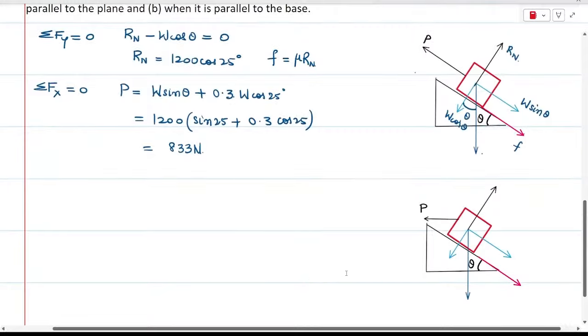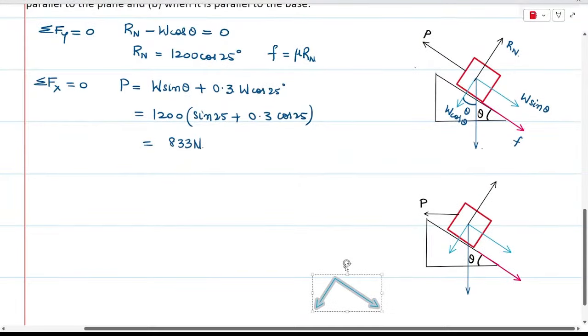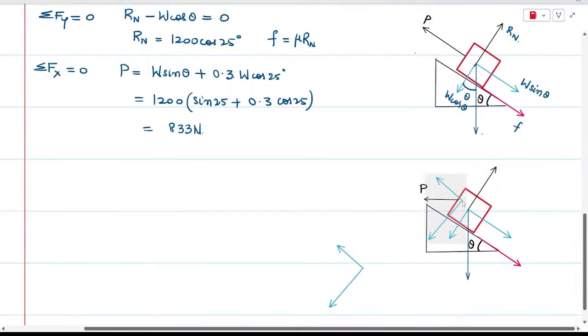Now here the change we find is that P has to be resolved normal to the plane and along the plane. The P is required to be resolved normal to the plane and along the plane. So this is the component of P along the plane and normal to the plane.